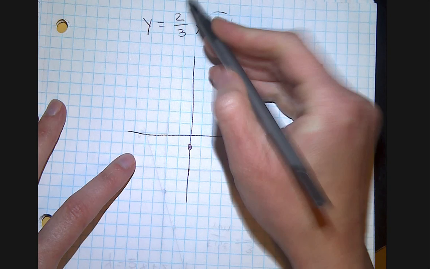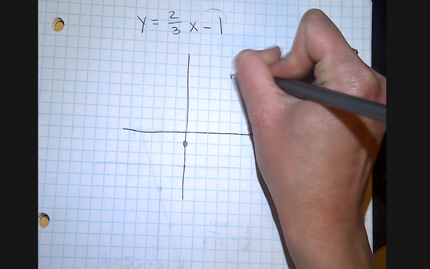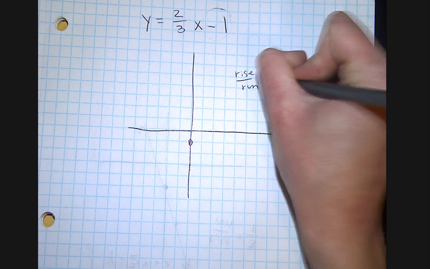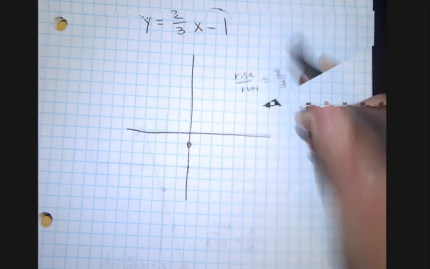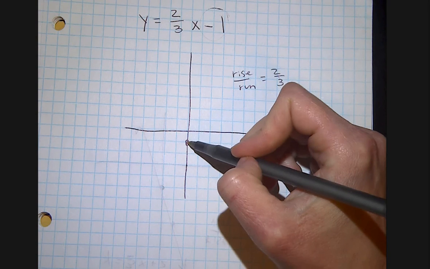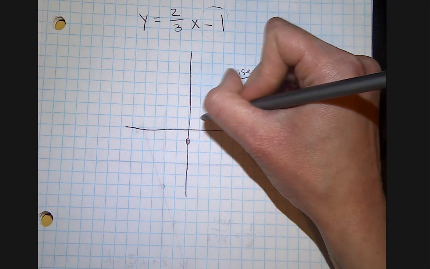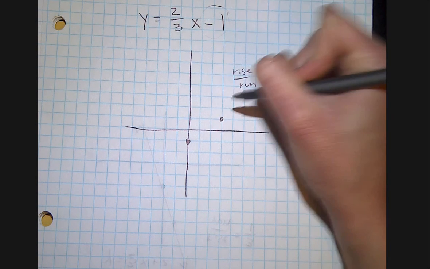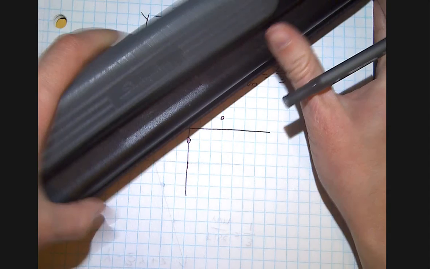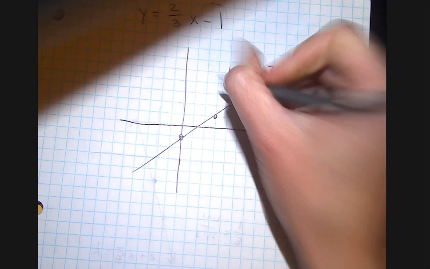Now my slope is already a fraction, so that's nice. It's one of the times when it's nice to have something in a fraction, because I already know my rise is going to be 2 and my run's going to be 3. So I start at my y-intercept and I rise 2, 1, 2, and run 3, 1, 2, 3. And then I connect. And that is my graph.